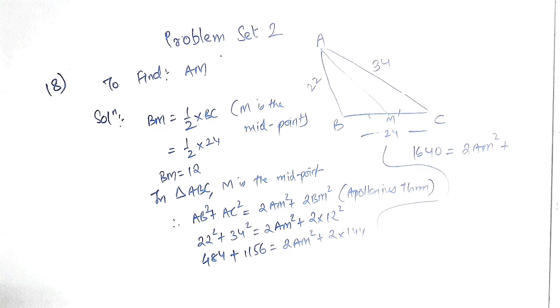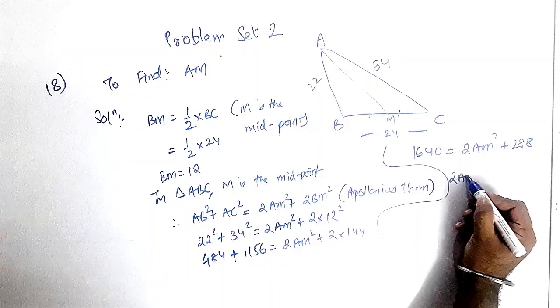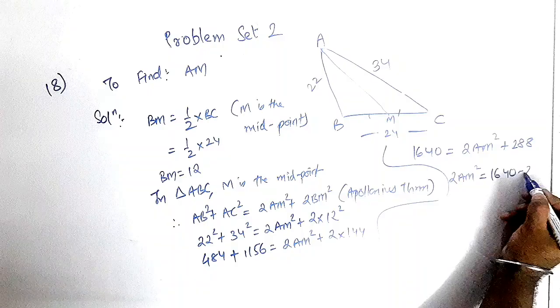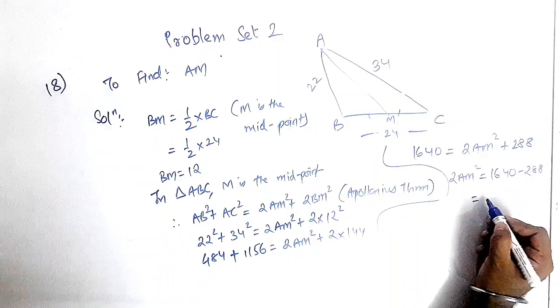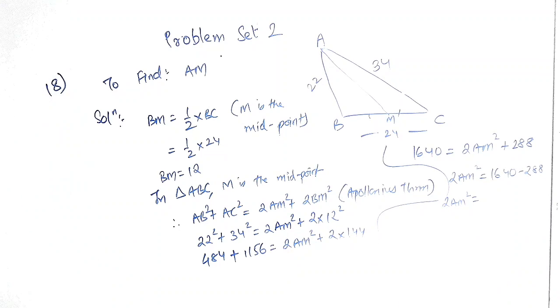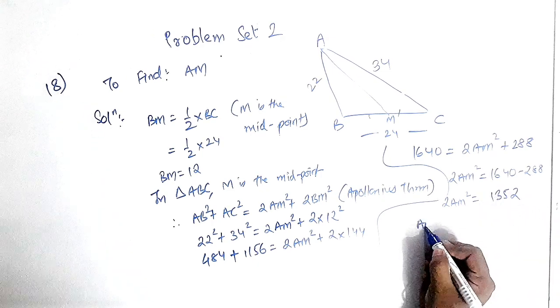Okay, plus what is 2 into 144? 2 into 144 is very easy, 288. So I'll subtract this now. This will get subtracted, 1640 minus 288. It will be 1352, correct?